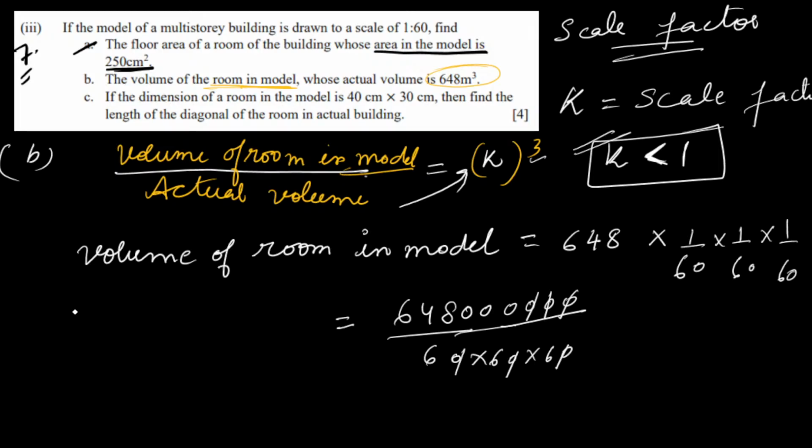See, meter cube, if you want to convert into centimeter, we know 1 meter is equals to 100 centimeter. So 1 meter cube means 100 centimeter into 100 centimeter into 100 centimeter. So it will become centimeter cube.